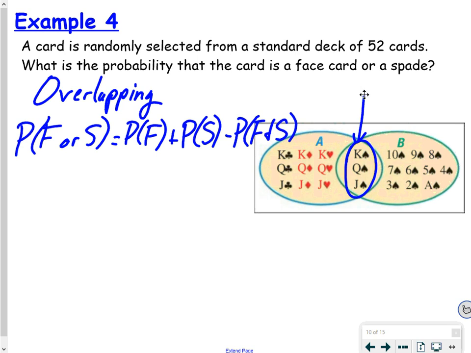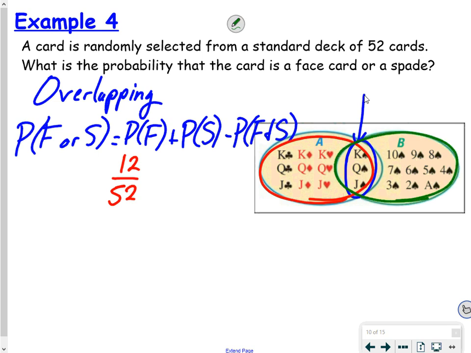The probability that it's a face card would be the amount of face cards we have out of the total amount of cards. The probability that it's a spade would be the amount of spades, which is 13 in every suit, out of 52 cards. And then, like we talked about before, there are 3 outcomes in which we could get something that's both a face card and a spade, which means we double counted those events. So we have to subtract the amount of times we double counted those events. We have 12 plus 13 minus 3.